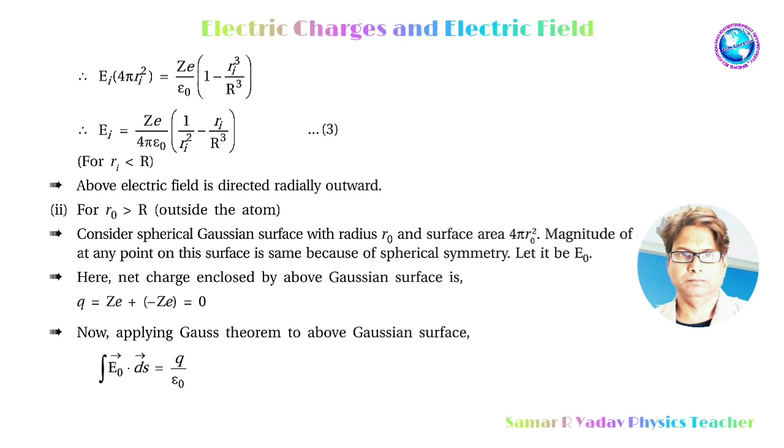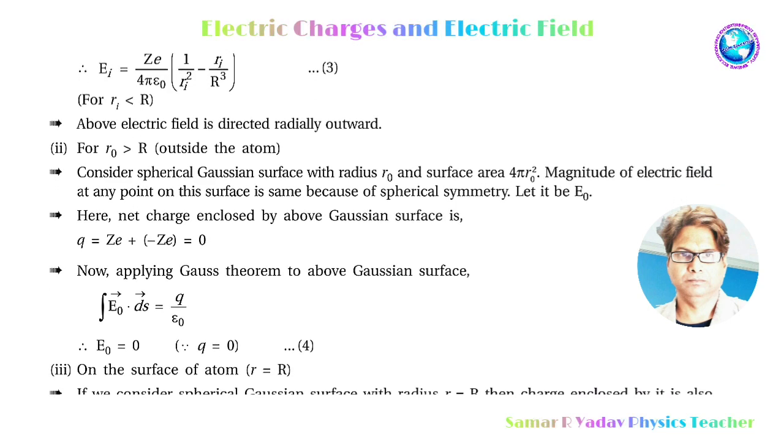Second, for small r0 greater than capital R, outside the atom, consider a spherical Gaussian surface with radius small r0 and surface area 4 pi r0 square. Magnitude of the electric field at any point on this surface is the same because of the spherical symmetry. Let it be E0.